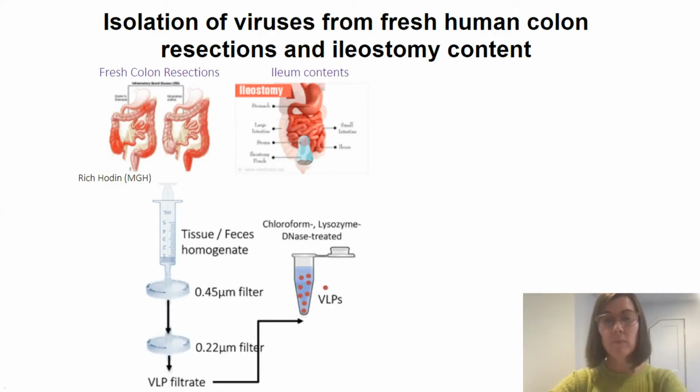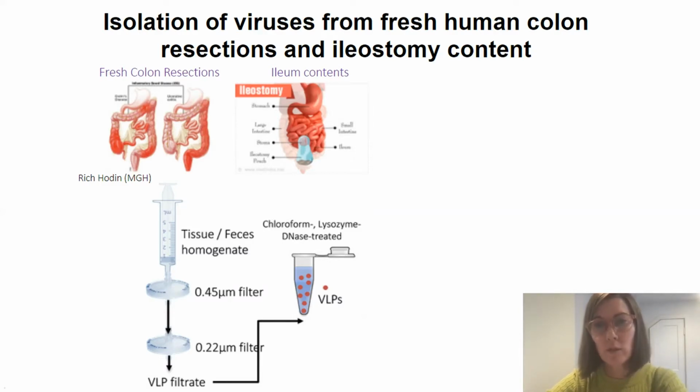And so in order to isolate or enrich for these viruses, we did a process of size filtration. Now, this is by no means a perfect system. This is an enrichment for viral-like particles using a size selection.